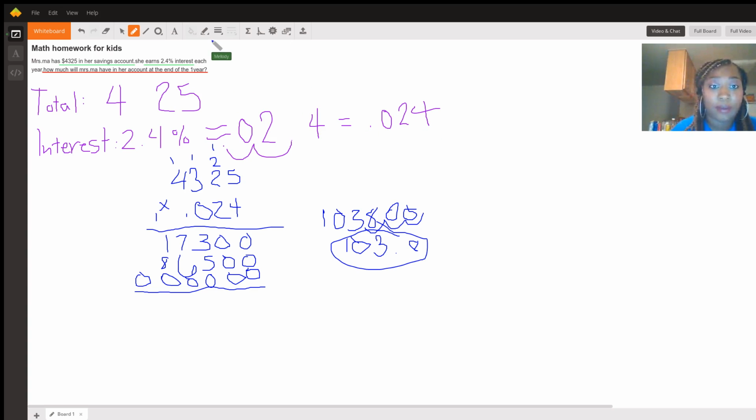Okay, let me go ahead and change colors. So the last step will be just to simply add, as stated earlier, 4325. And once again, excuse my handwriting. And we're going to add 103.8 to that.